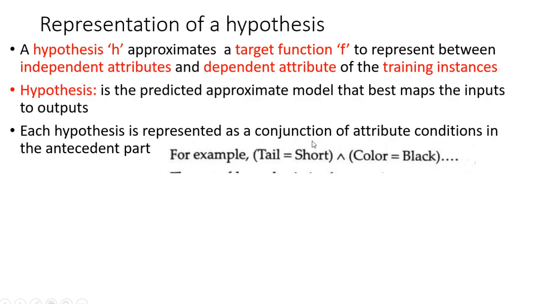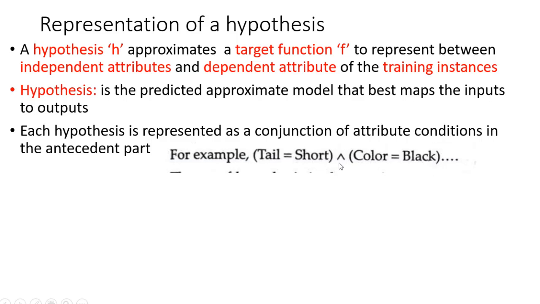Each hypothesis is represented as a conjunction of attribute conditions in the antecedent part. So basically, what does conjunction mean? I have a set of attributes in my training instance, and I am going to find a relationship between these attributes. For example, in the last session we took an example of elephant. What are the features which are required for an elephant? Let's say the tail has to be short and the color is black.